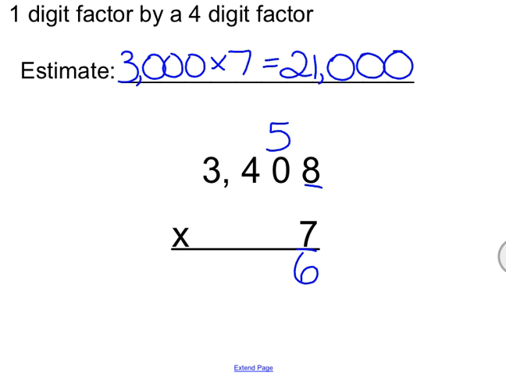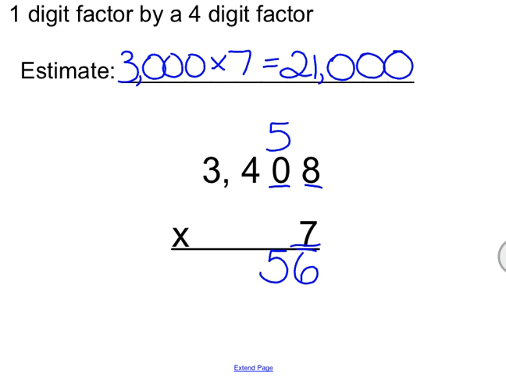Okay, now I go back and I'm going to do 7 times 0. 7 times 0 is 0, but I have that 5 that I regrouped. So 7 times 0 is 0. Add 5. When I add it, I get 5. So I will write a 5.